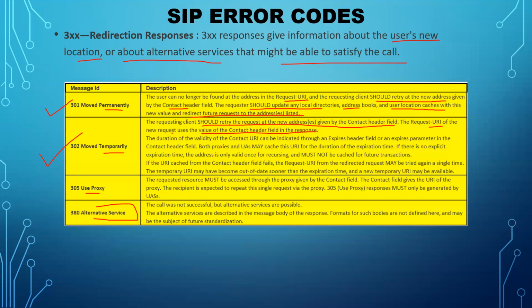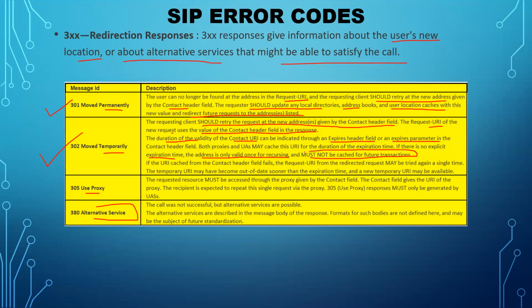And how can we say that it is temporary or permanent? It depends on the expires field. Let's check it out. The duration of the validity of the contact URI can be indicated through an expires header field or an expires parameter in the contact URI. And this address is only valid once and must not be cached for future transactions.